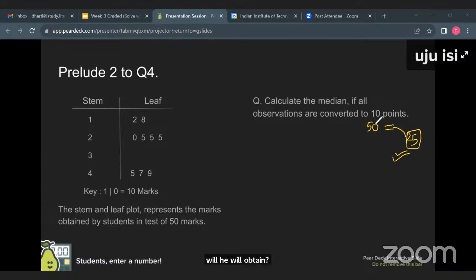Because the highest point is 10 points. So you have to somehow find where this 25 will lie. You just calculate 25 divided by 50, and see in which interval the value lies. That value is the median point. Okay, ma'am, thank you. I got it.